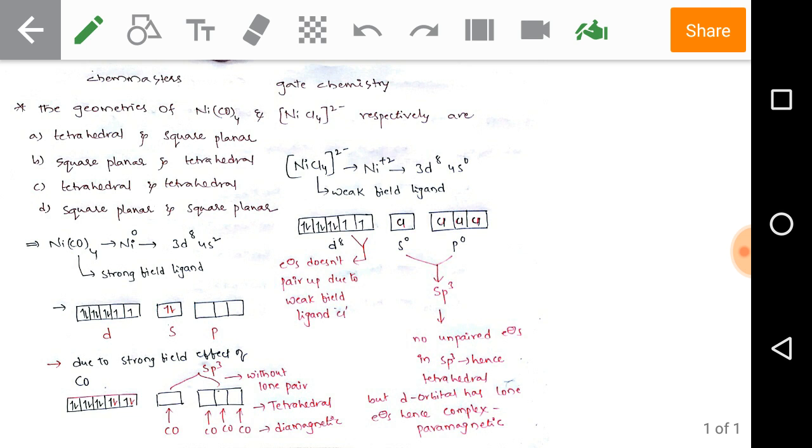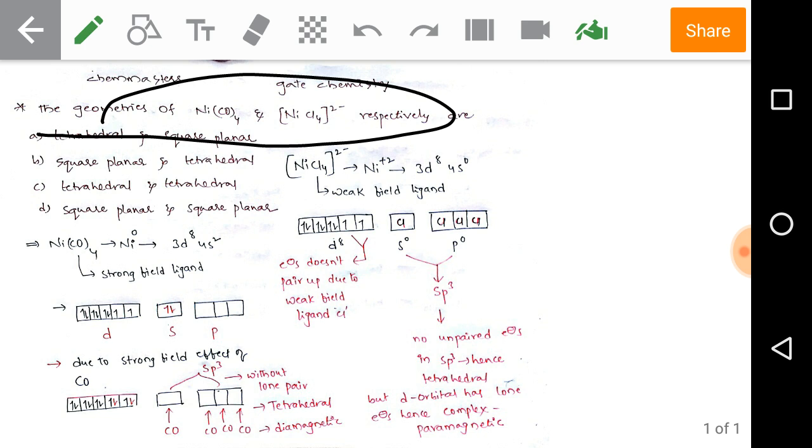Now, we are discussing GATE previous year solved problems. Just look at the given problem. The geometries of nickel complexes are given with two different ligands, one with CO and one with chlorine.